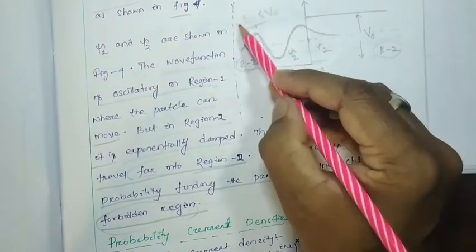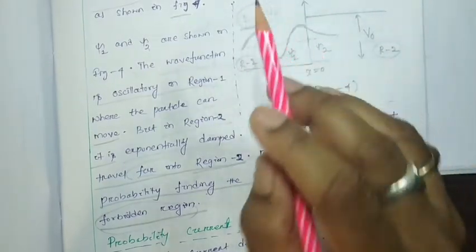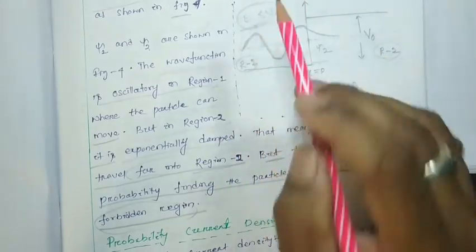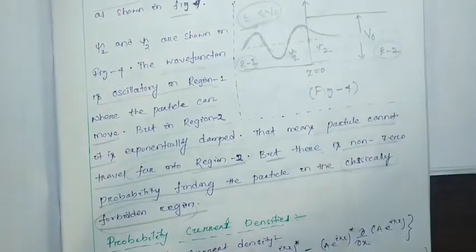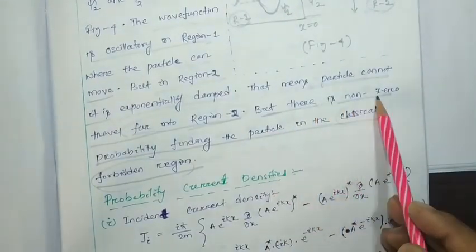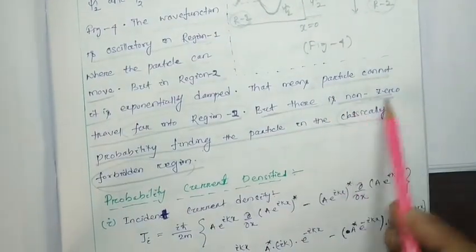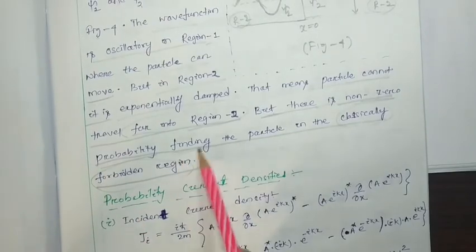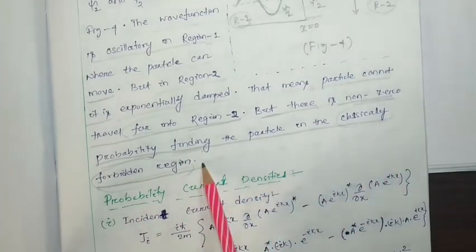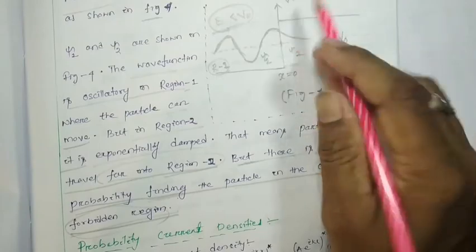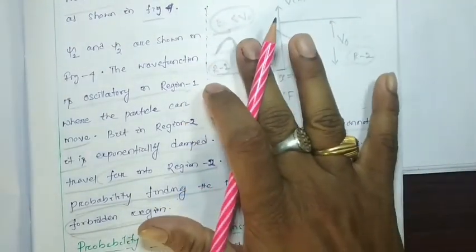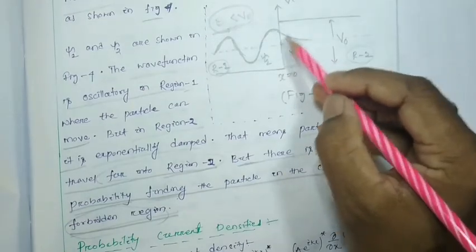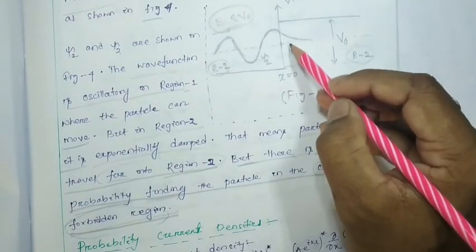But in classical mechanics this concept is forbidden and not acceptable. So it is written that there is a non-zero probability of finding the particle in the classically forbidden region. In quantum mechanics we found some extent of probability in this region.